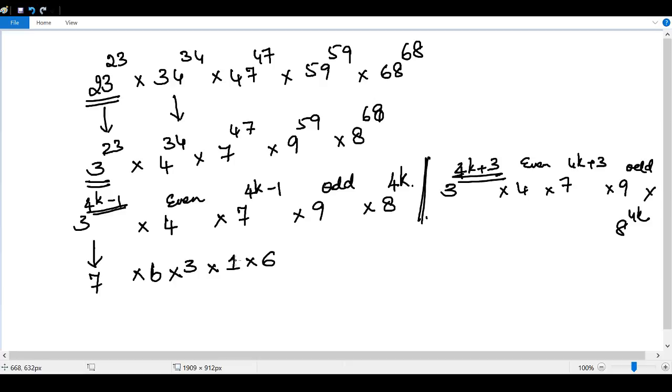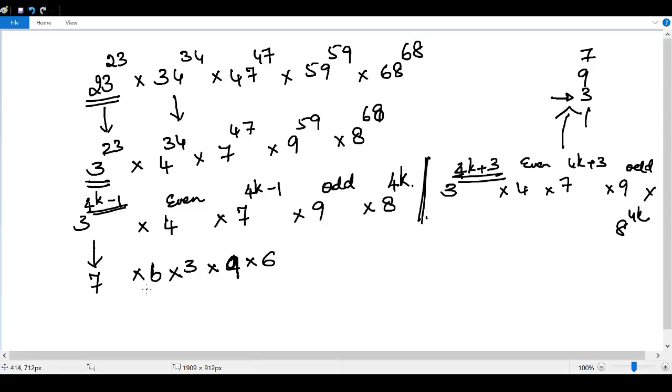Thanks, Ananya. So 9 power odd was 9, not 1. 9 power even is 1. 9 power odd is 9. Right? So 8 power 4's multiple ends in 6. 9 power odd is 9. 7 power 4k minus 1 was 7, 9, 3, 1. So 7 power 4k minus 1 is 3, which is same as 7 power 4k plus 3.